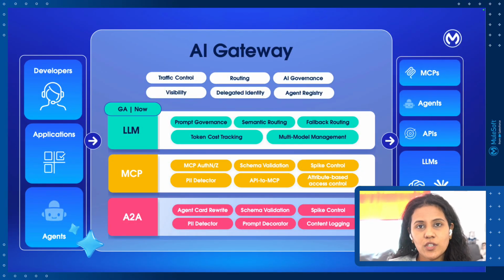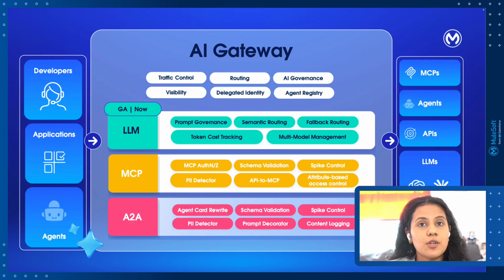So this picture gives you an overview of MuleSoft AI Gateway. At the core is the control plane, which puts it all together. You can see there are different components like MCP, agents, and APIs. You can make calls to your different LLM servers, your APIs, and your MCP server, and manage all the interactions at one place.